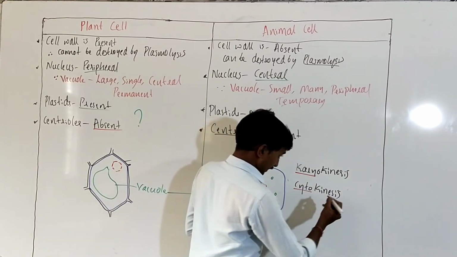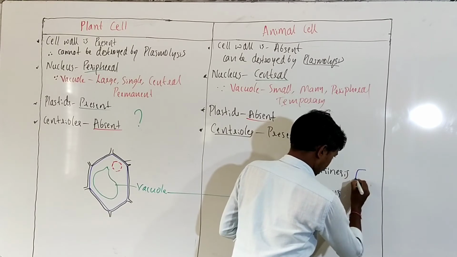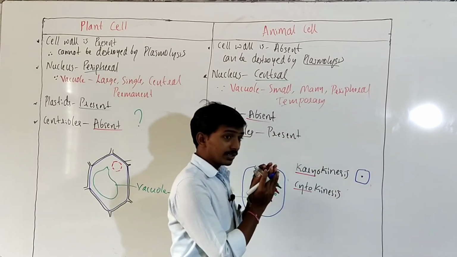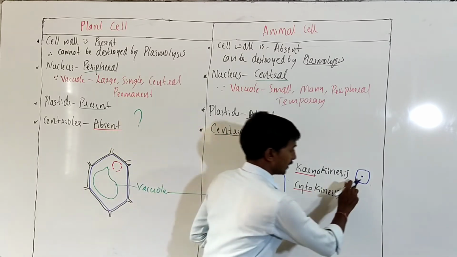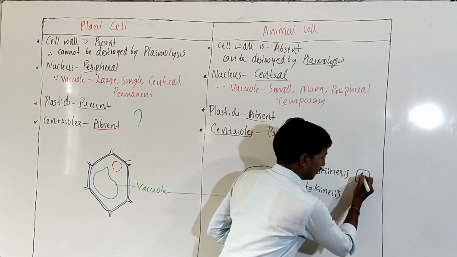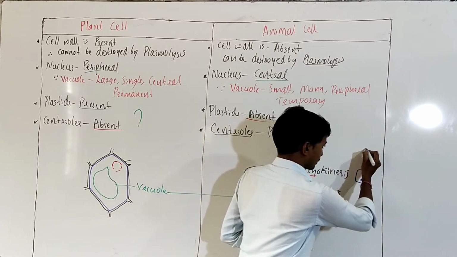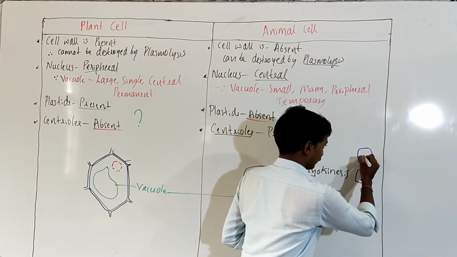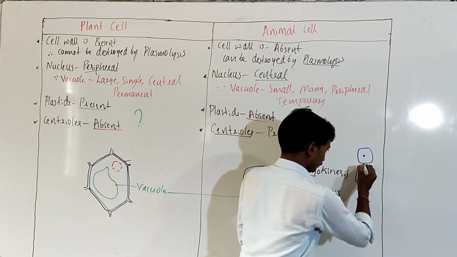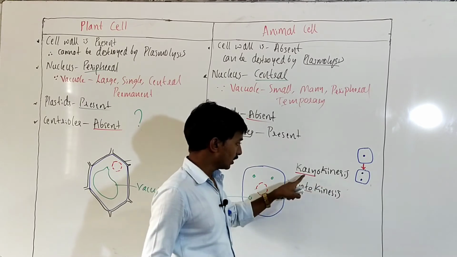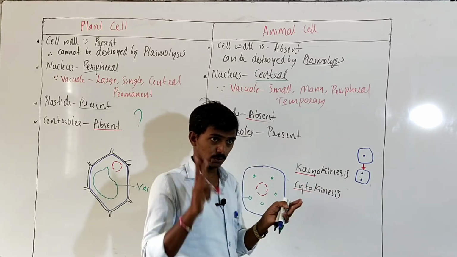So in karyokinesis what happens? One cell having one nucleus, the nucleus divides into two, that is, two nuclei are formed. One nucleus to two nuclei, that is called karyokinesis, division of the nucleus into two.